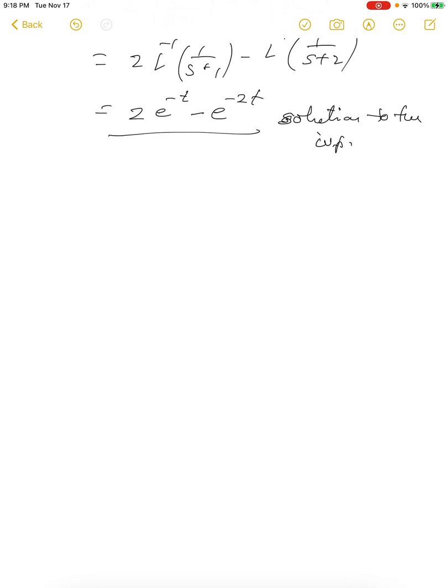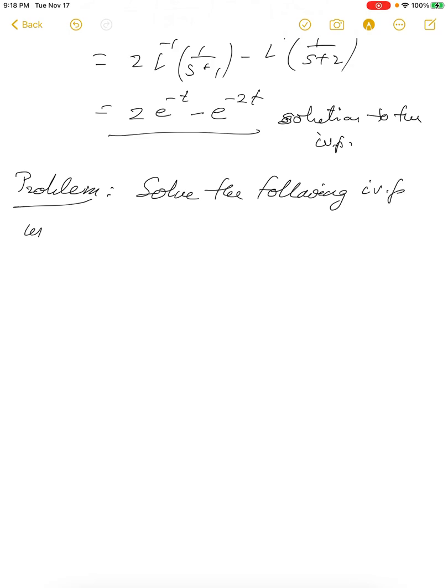So let's do one more. Solve the following IVP using the method of Laplace transforms.